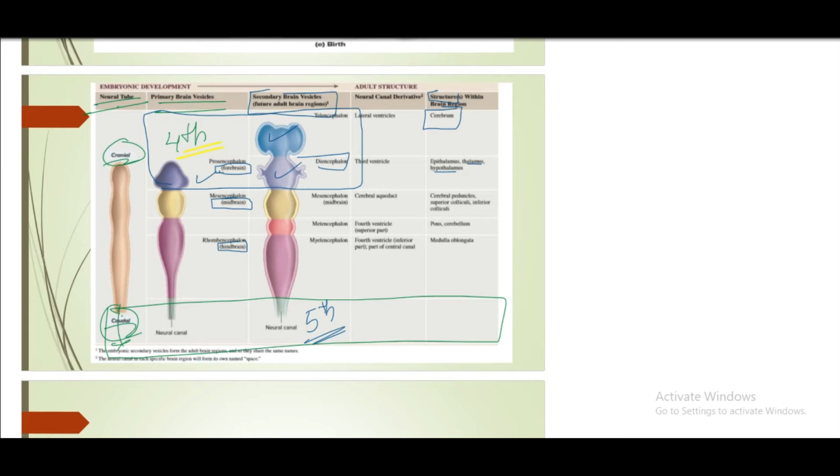Okay, you can draw here. Consider this is your thalamus, epithalamus, and hypothalamus.